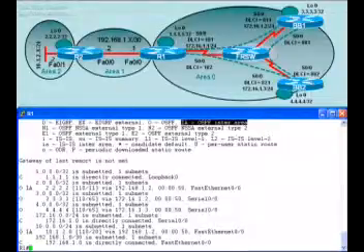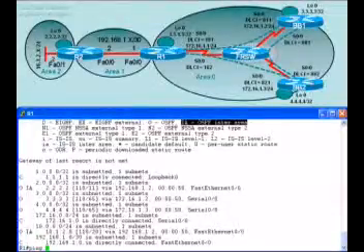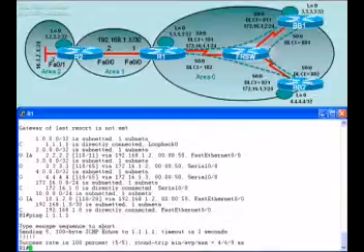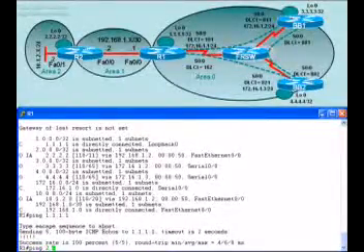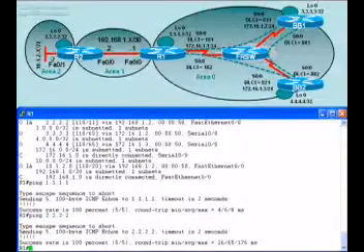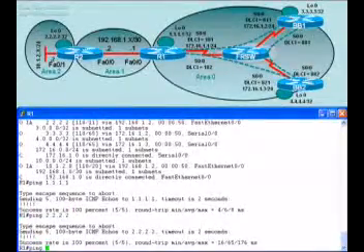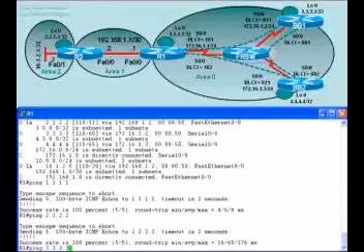Finally, just to make sure that we have full reachability to all of the routers in the network, let's do a ping to all of the routers' IP addresses, all of their router IDs, in other words. Let's do a ping to our own router, ping 1.1.1.1. That was successful. Let's do a ping over to router R2 at 2.2.2.2. We'll ping router BB1 with an IP address of 3.3.3.3.